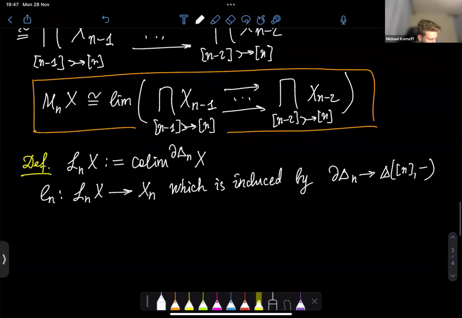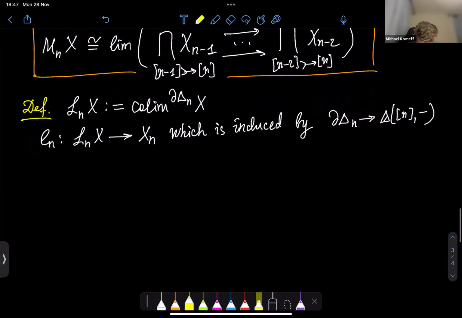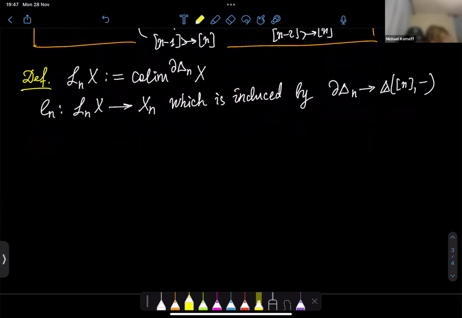Okay, now we're ready to discuss some general setting: what are Reedy categories and what are Reedy model structures.